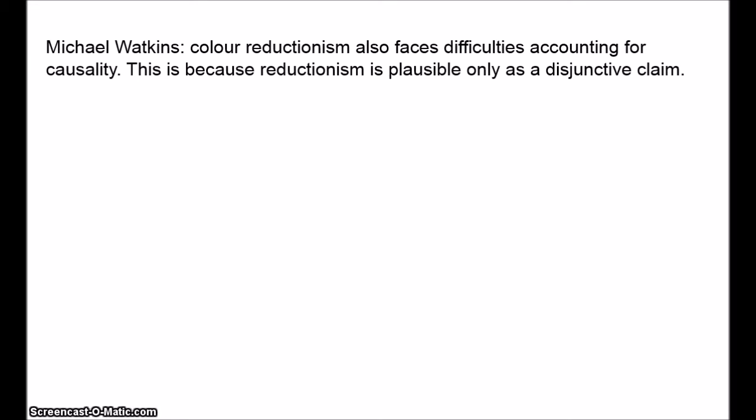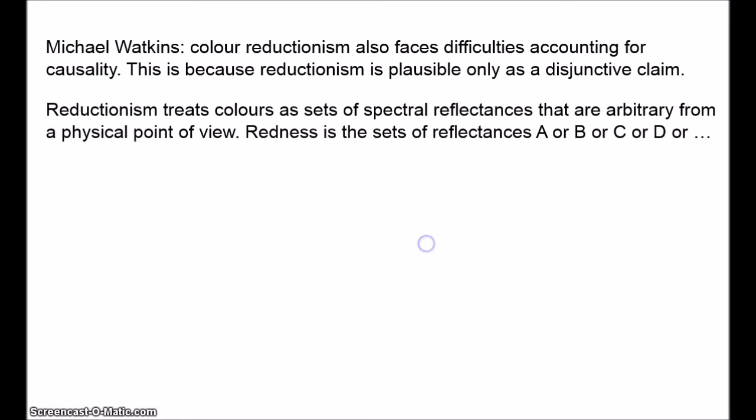Now, this is because colour reductionism is only plausible as a disjunctive claim. We saw in I think the first video on reductionism that in order to respond to the metamerism problem, reductionism has to treat colours as sets of spectral reflectances that are pretty much arbitrary from a physical point of view. Colours are therefore disjunctive properties.